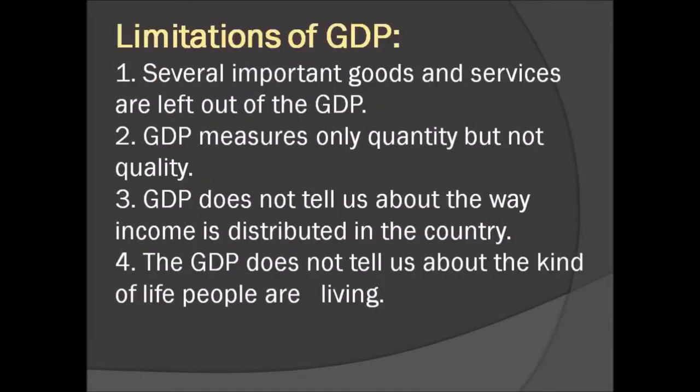Limitations of GDP. There are certain limitations in calculating the GDP. Several important goods and services are left out of the GDP. The GDP includes only the goods and services which are sold in the market. The services provided by parents to their children are very important, but this service is not included in the GDP because it is not sold in the market.